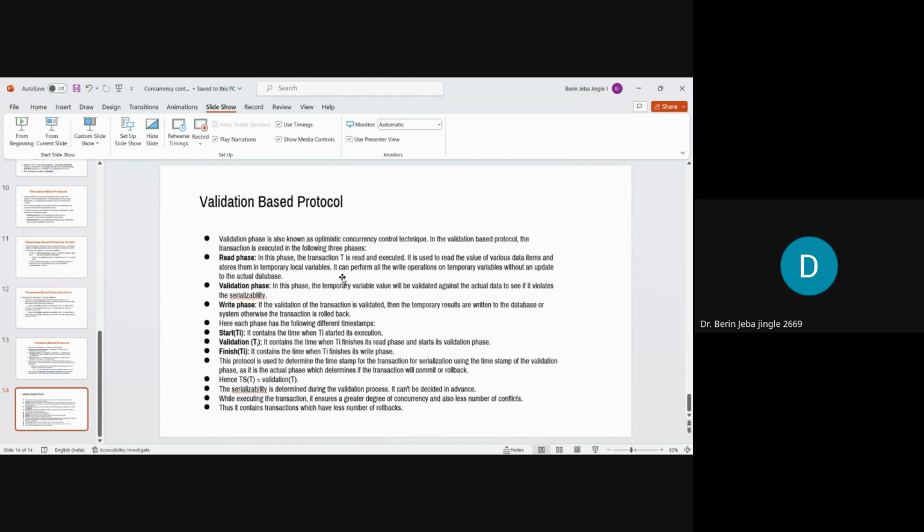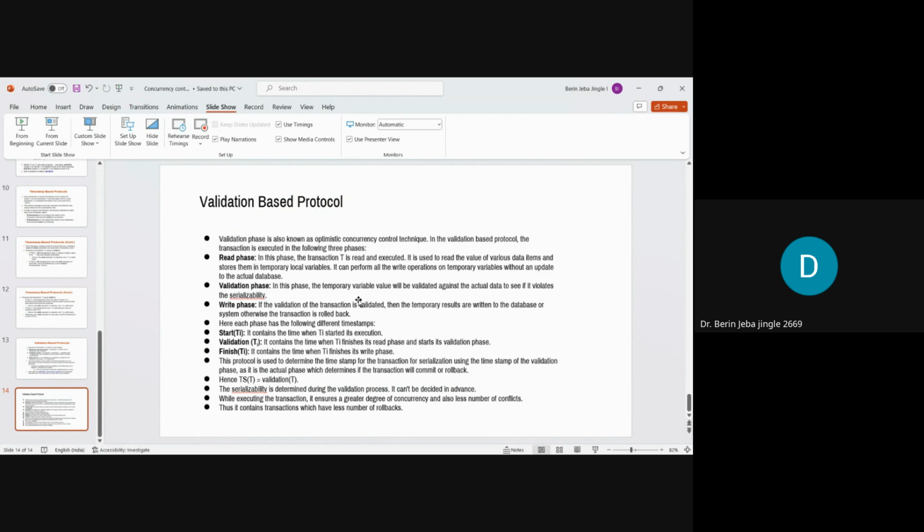It performs all the writes on a temporary buffer, and when we give the write operation, it is permanently stored, updated in the database.